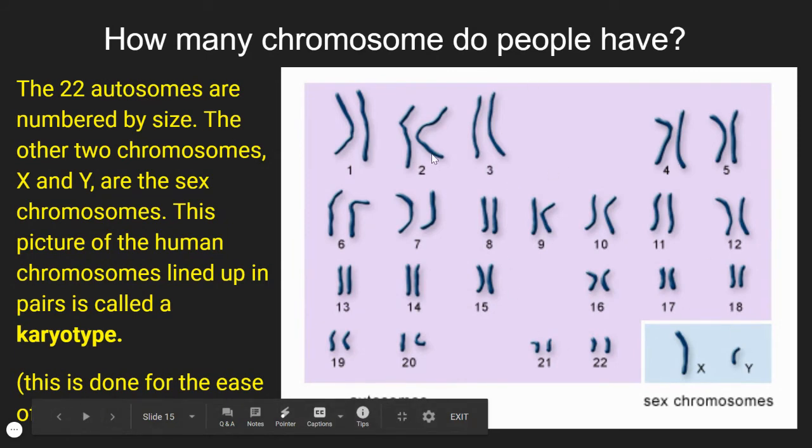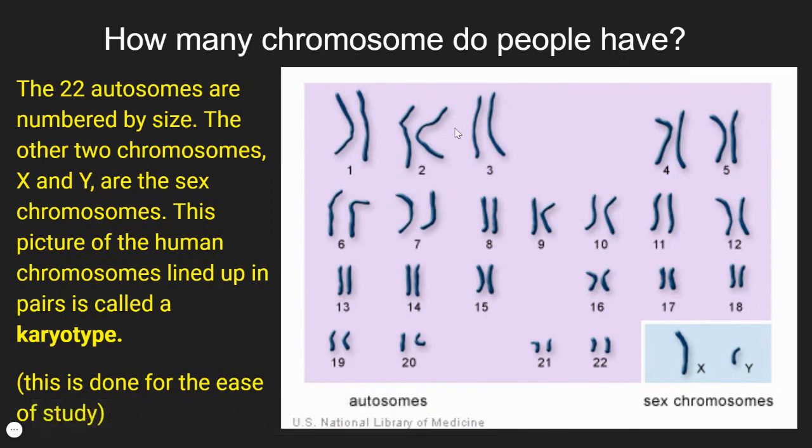So in this example, you're looking at a human karyogram. Human beings have 23 pairs of chromosomes. Out of these 23 pairs, 22 pairs are called autosomes and 2 chromosomes are called sex chromosomes. These 2 chromosomes can be X and X or X and Y. If a person has 2 X's, then the sex of that person is female. And if a person has an X and a Y sex chromosome, then the person is a male.